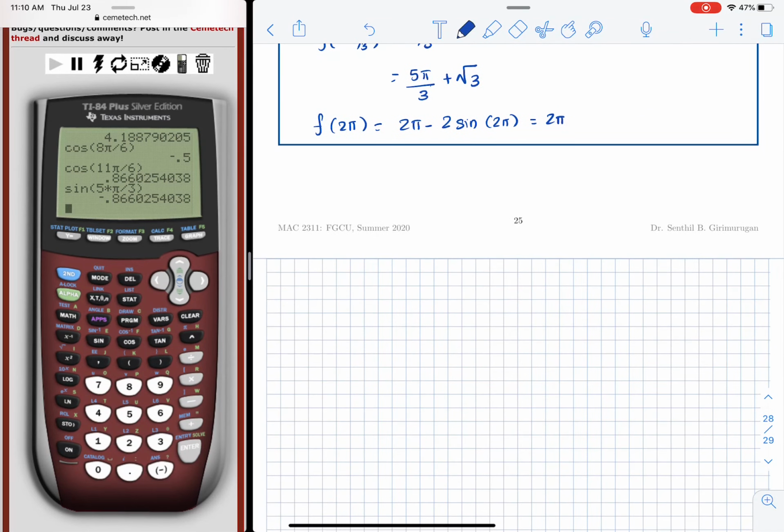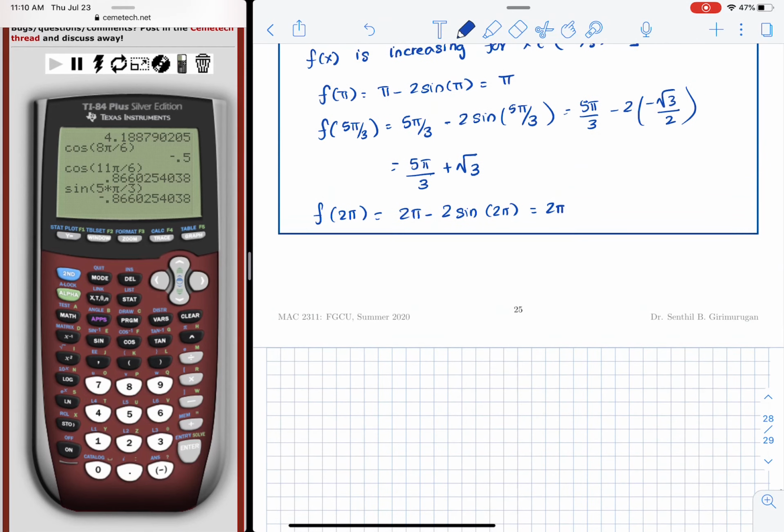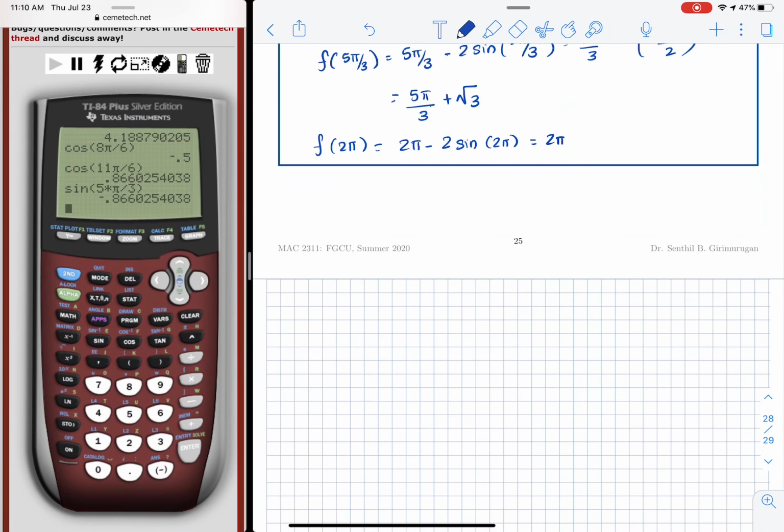So let's start by saying what the value of the function is going to be between pi and 2 pi. So for x in pi to 2 pi, we have the function to lie between pi and 2 pi.